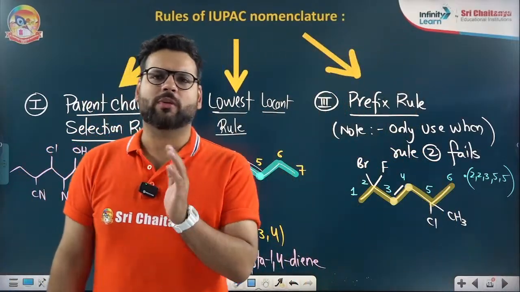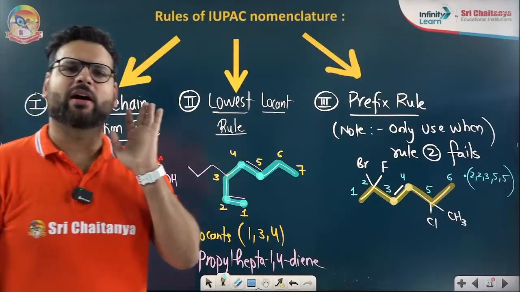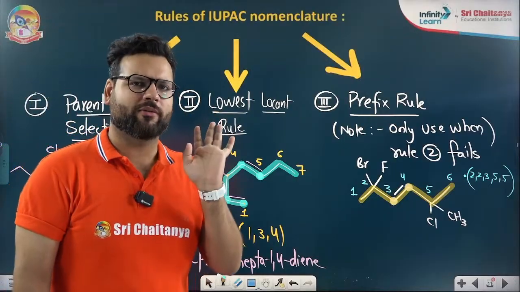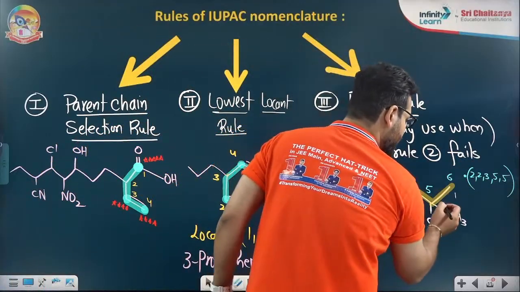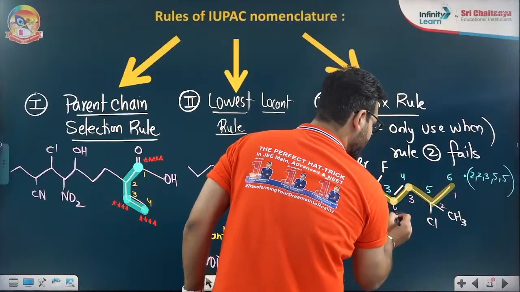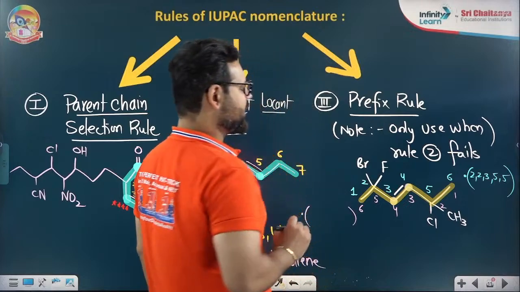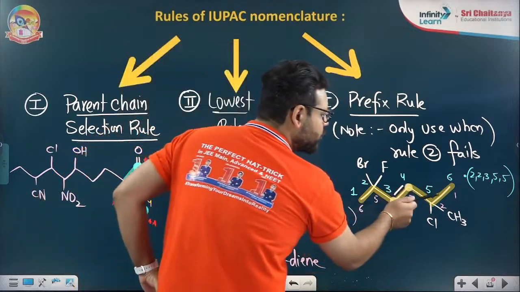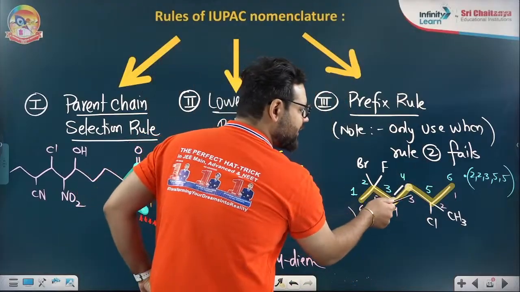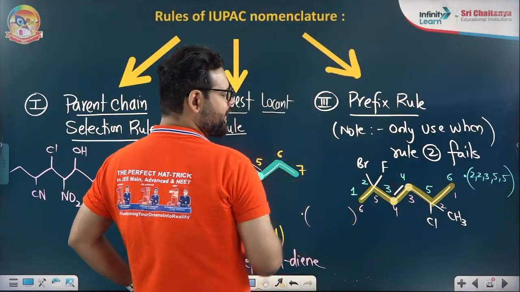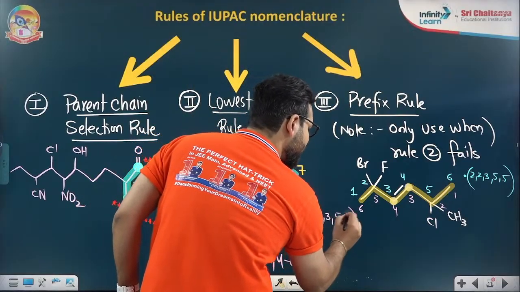Locants are 2, 2, 3, 5, 5. If I number from the other side, 1, 2, 3, 4, 5, 6, I'm getting 2, 2, then 3 where there is an ene, and then 5, 5 again. So I'm getting the same thing, 2, 2, 3, 5, 5.